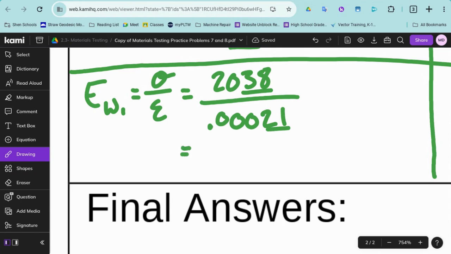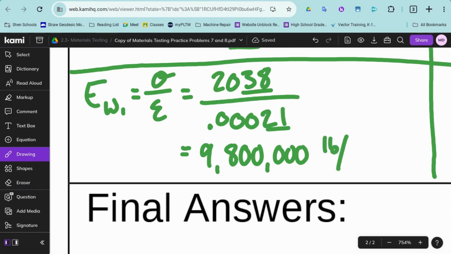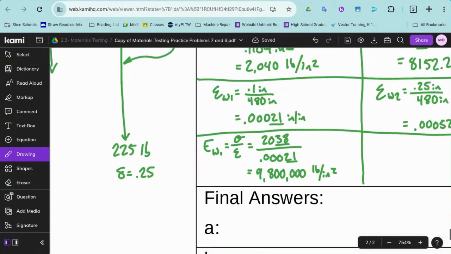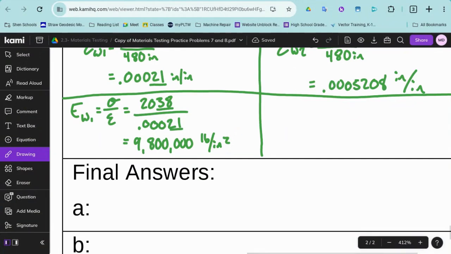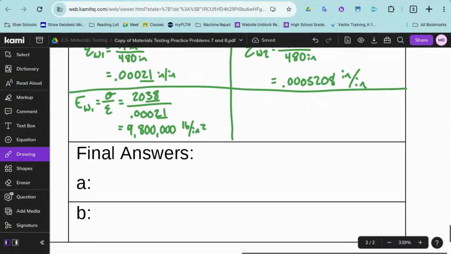So our modulus of elasticity then works out to 9,800,000 pounds per square inch. And I've rounded that to the 100,000s place. It's not actually one of my required answers here. So where I round it is less important than comparing the modulus of elasticity of these two materials.